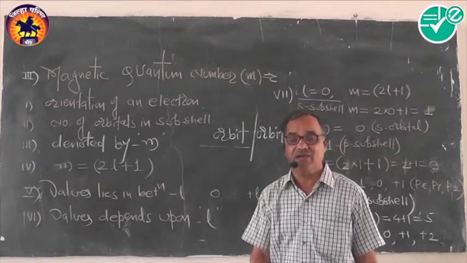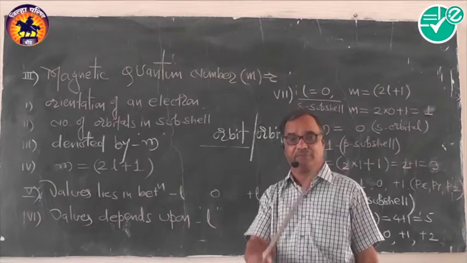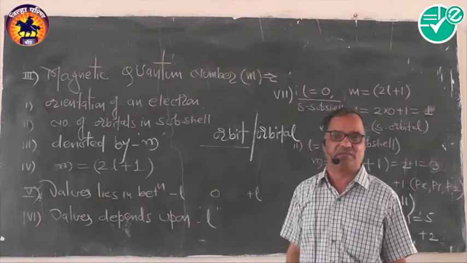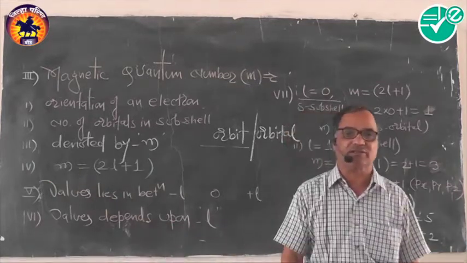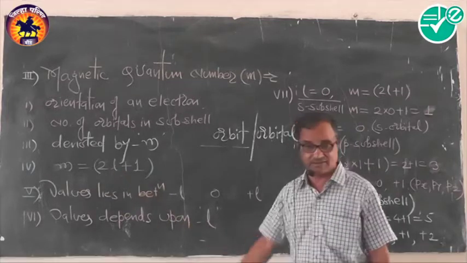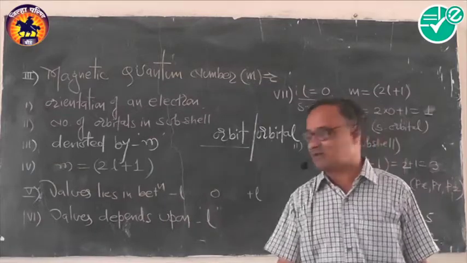It means values of l depend upon values of n. Similarly, values of m, the magnetic quantum number, depend upon the values of azimuthal quantum number or orbital quantum number, that is l. So this is all about m is equal to 2l plus 1.